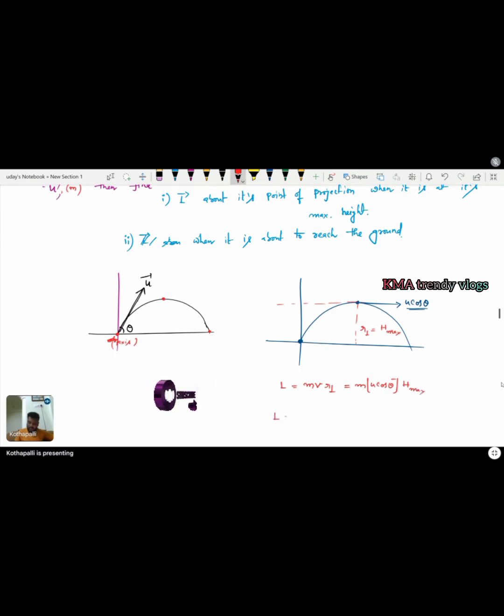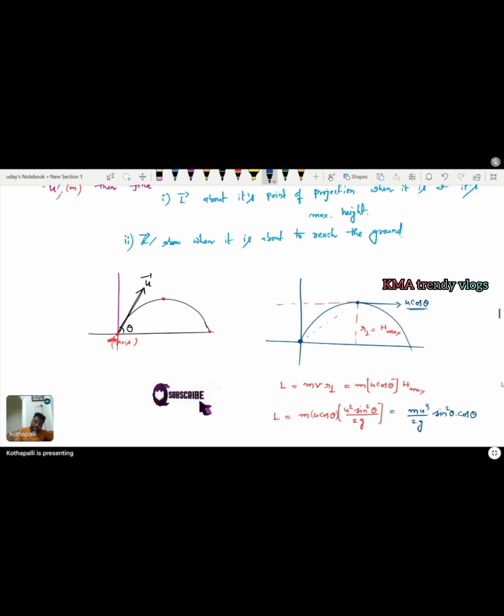So L will be m into u cos theta into maximum height. The maximum height formula is u square sine square theta by 2g. So the final answer will be m u cube by 2g into sine square theta into cos theta.